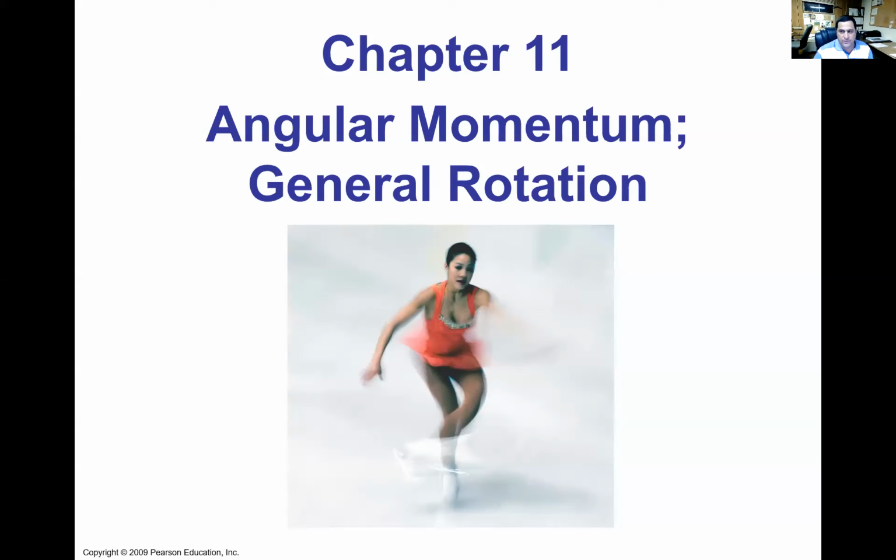But as she tucks herself in with her arms and legs, she starts spinning much faster. And that has to do with rotational motion and angular momentum. Okay. So just like linear momentum, angular momentum is also conserved.